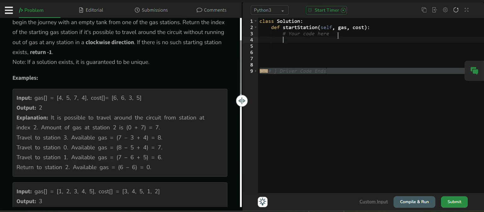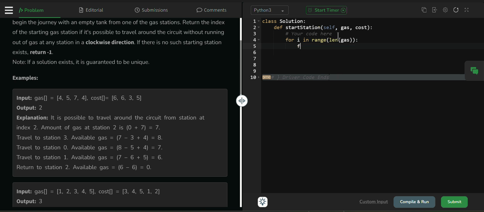So what will be our first approach? What if I consider each index separately and solve for each index? I am just writing the high-level code for that.